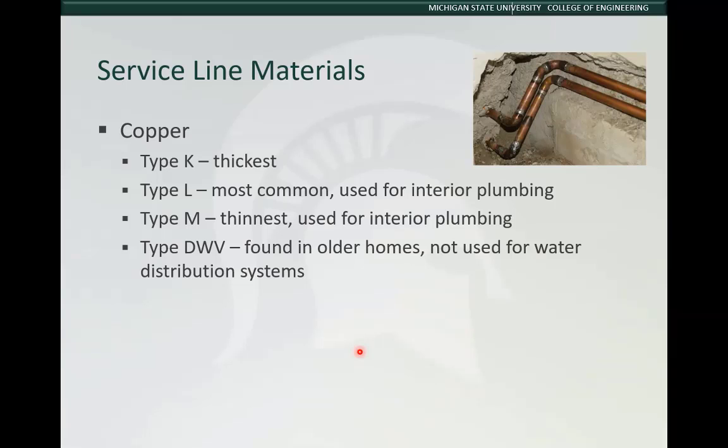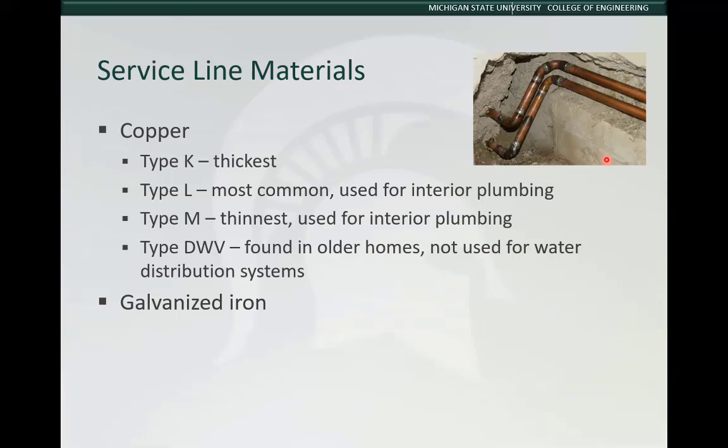L and M are what are most commonly used for interior plumbing. And then in older homes, you may find DWV, but these typically were not used for a distribution system. This picture here shows a copper line, and what you're seeing here is most likely lead solder.